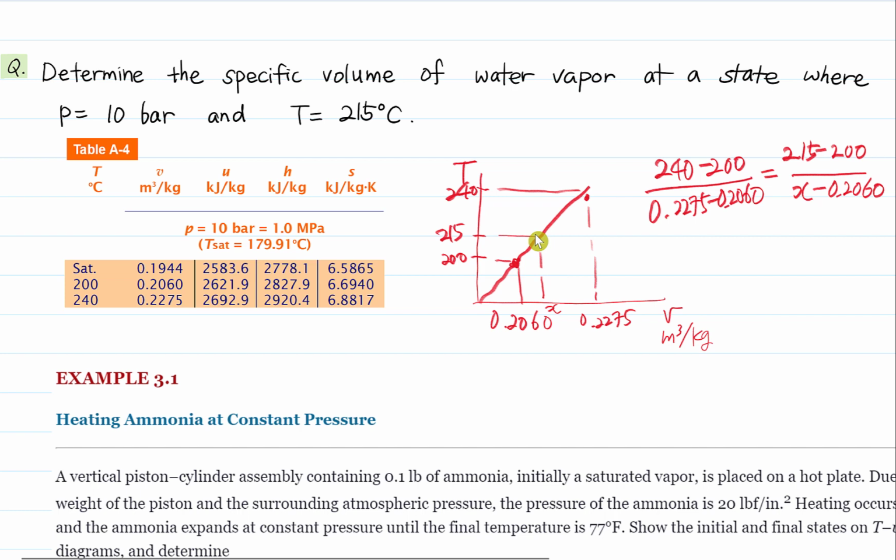So we can solve it for x. So x is 0.2141 meter cubed per kilogram. So this is how we do the linear interpolation.